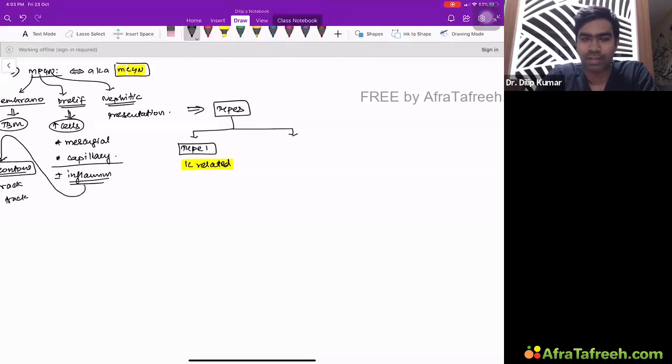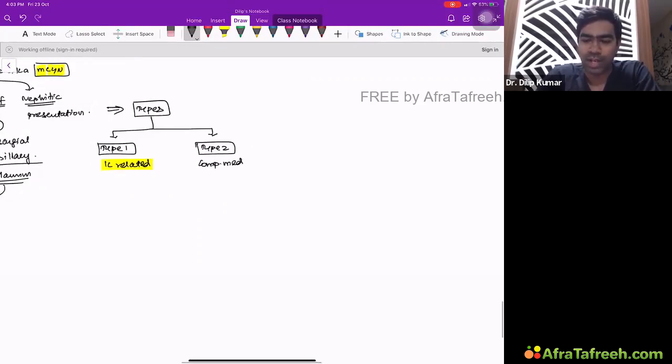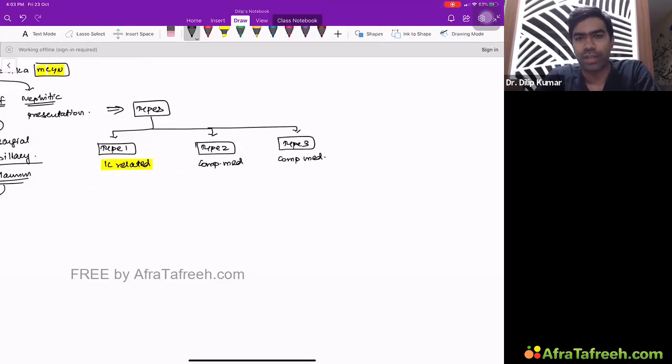And second, we have type 2 MP gene, which is otherwise referred to as complement mediated MP gene, complement MP gene. And we have another type called type 3 MP gene, which is also basically a complement mediated MP gene. Apart from that, we have an extra type, which I'll tell you after some time.